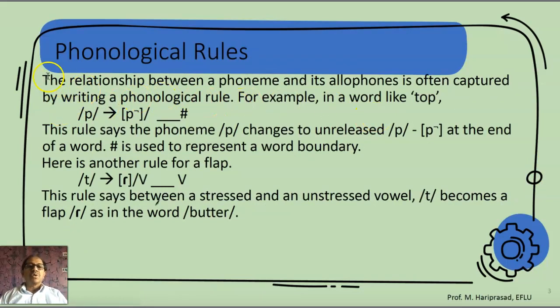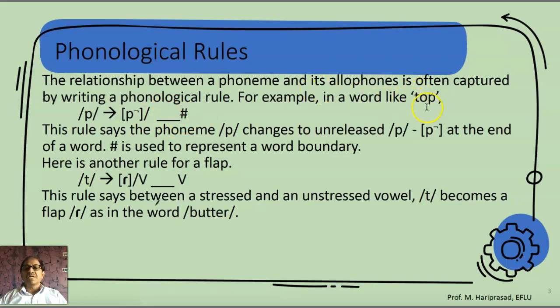Phonological rules. The relationship between a phoneme and its allophones is often captured by writing a phonological rule. That is, if you consider a phoneme p, it is realized as an unreleased p when it occurs at the end of a word.